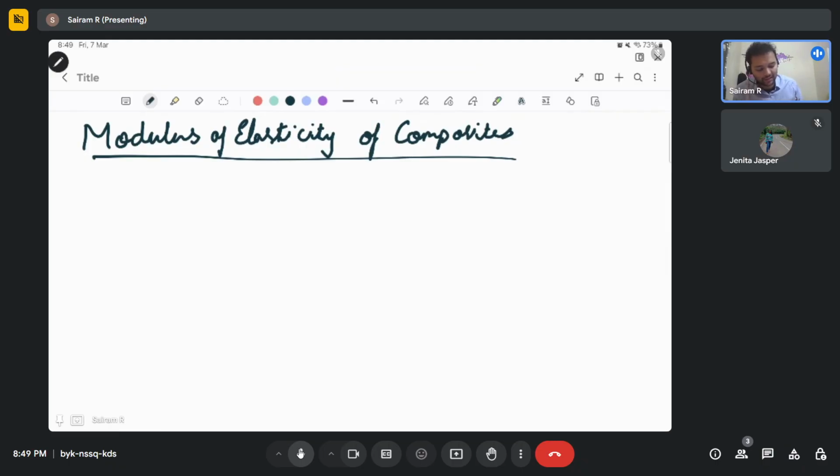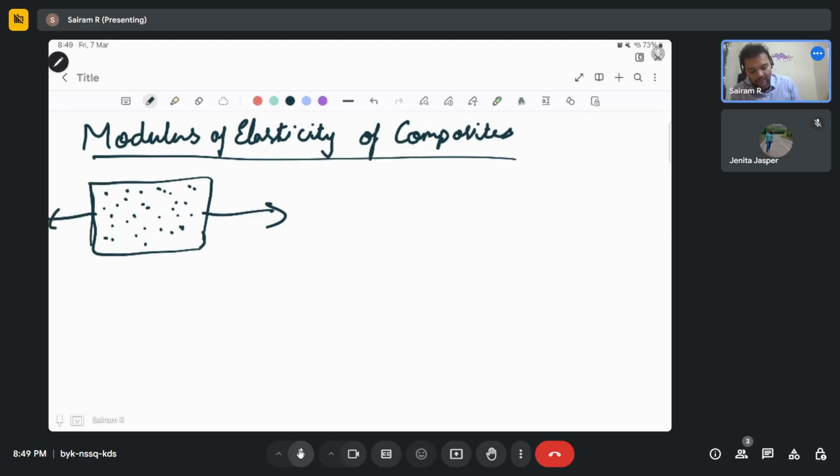Let's assume a fiber reinforced composite, or anything for that matter, it does not matter. We can either load it in this fashion, sigma 1, or we can apply load in this fashion, let's say sigma 2.